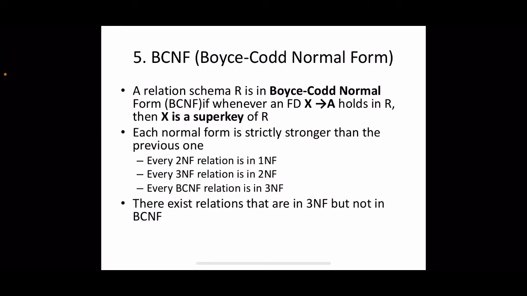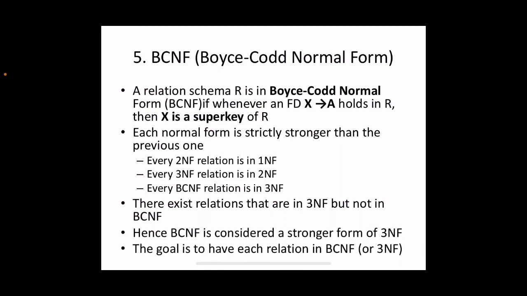When we have a functional dependency from X to A in which X is not a super key but A is a prime attribute, that relation is in third normal form but not in BCNF. And always in normalization we have to achieve at least third normal form. It's better to achieve up to BCNF.